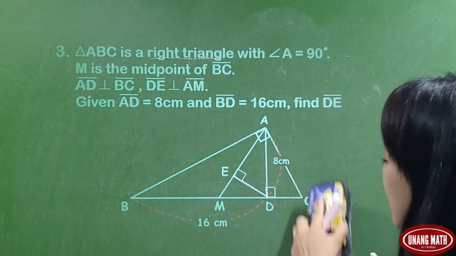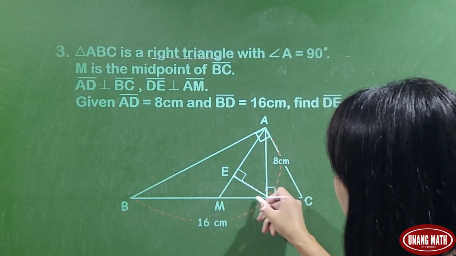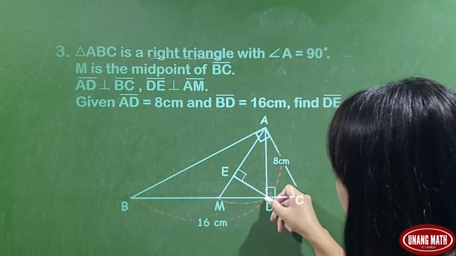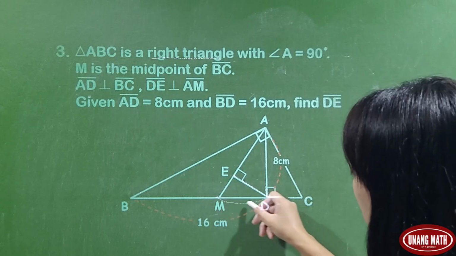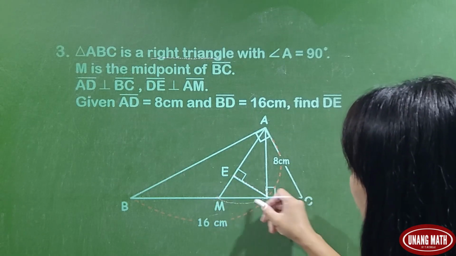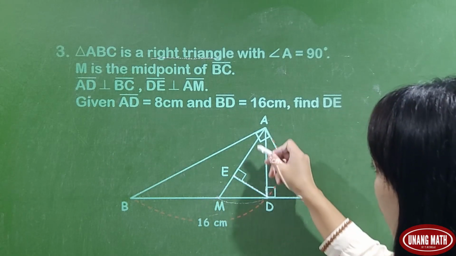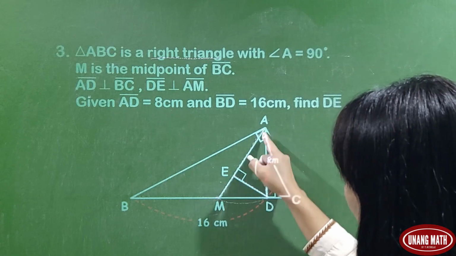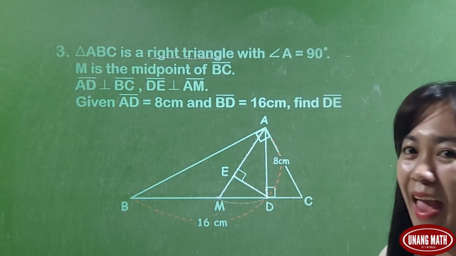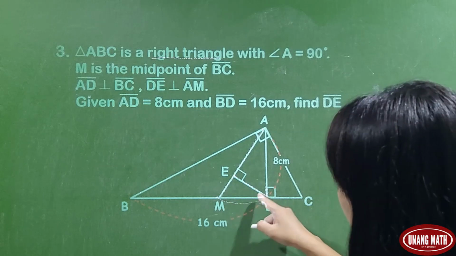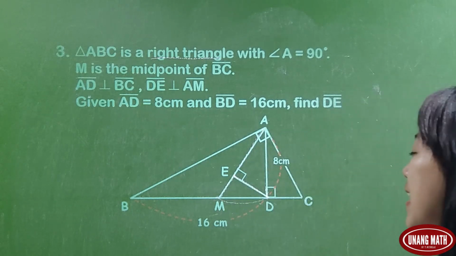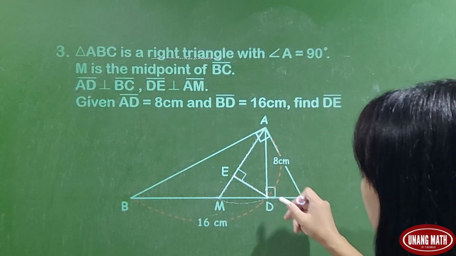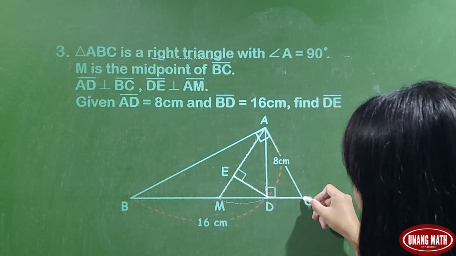Since we don't know the length of segment MD, even if we know the length of AD, we actually don't know the length of MD. We also don't know the length of AM. So we cannot use this theorem to find the length of DE. First, we have to find this length.